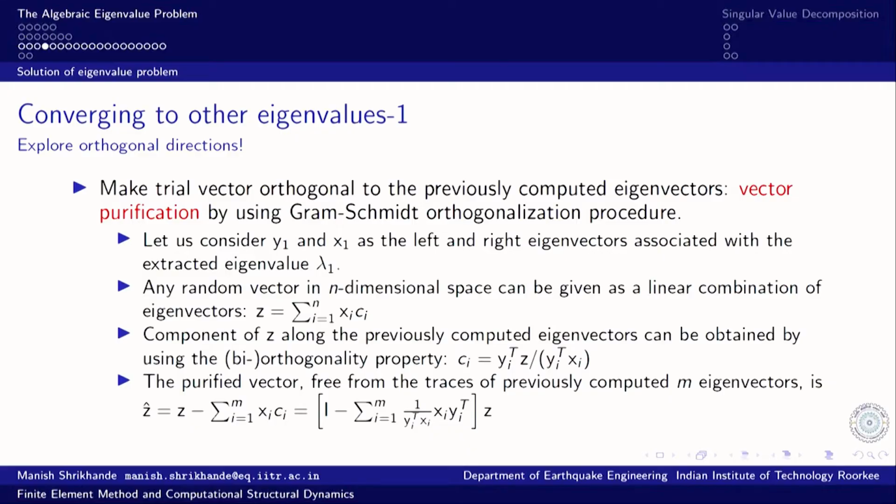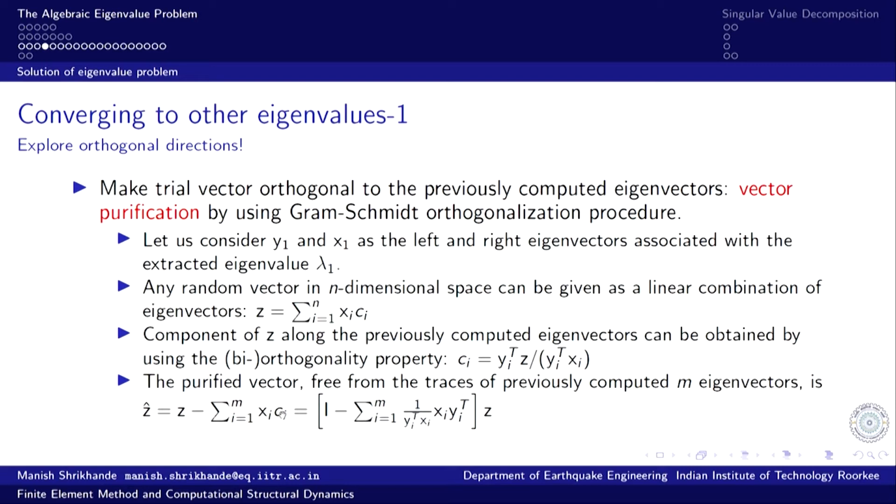So, the purified vector free from the traces of the previously computed m eigenvectors: if I have computed m eigenvectors, then I can compute similar components of all the m eigenvectors and subtract them from this trial vector z. This new, purified trial vector, let us call it z hat, can be used for iteration. Now, this can be arranged in a matrix form.